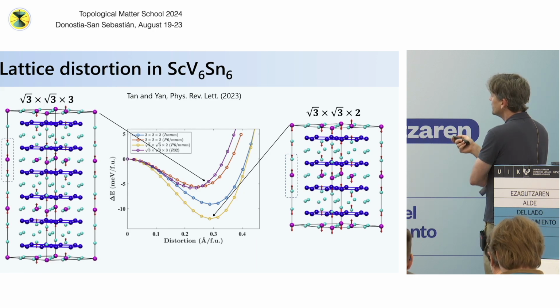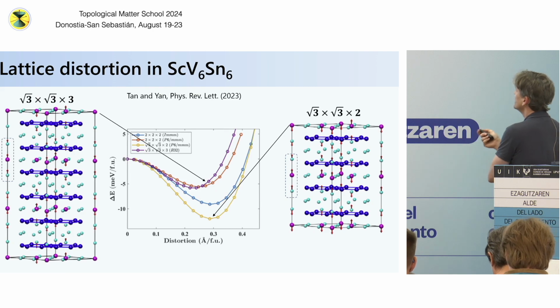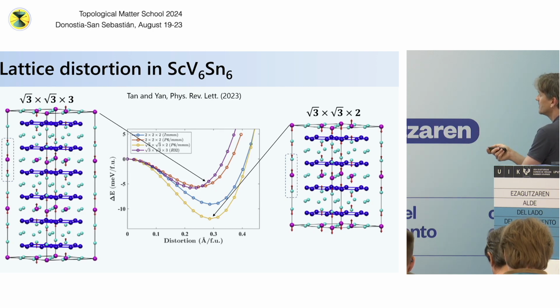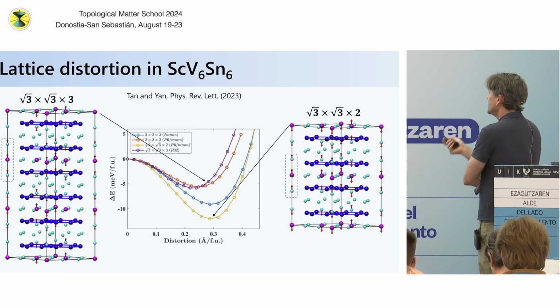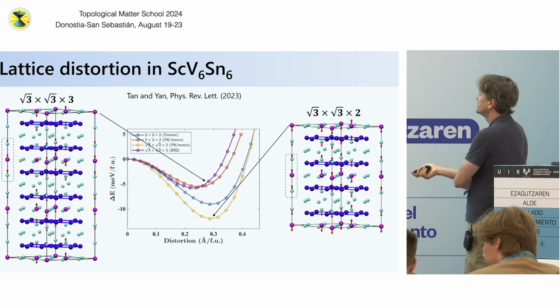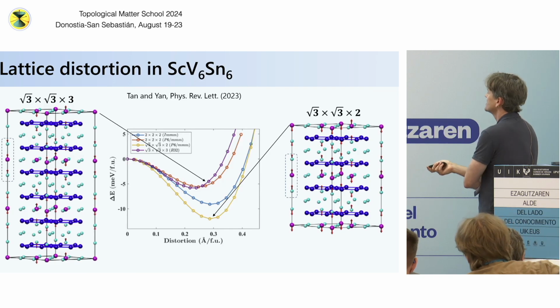But actually the energetically favored structure is not a root 3 by root 3 by 3 unit cell, but something with a K point in-plane distortion, but times 2 along the c axis. Okay? And so I think this oddity led a lot of people to try and understand exactly what's going on in this system.